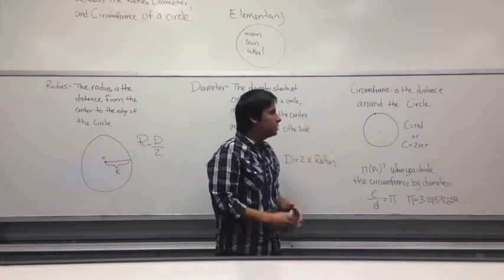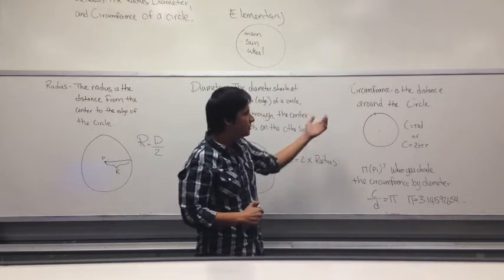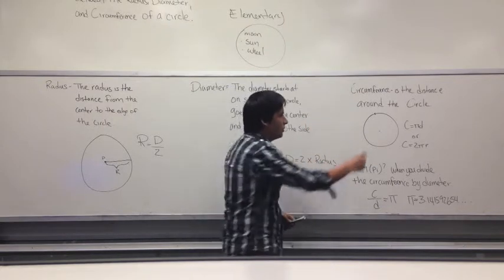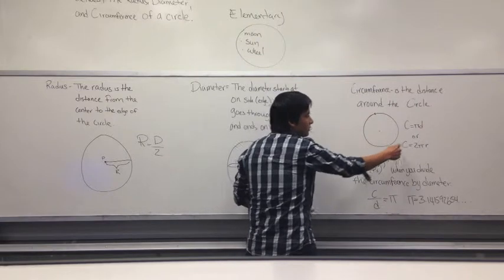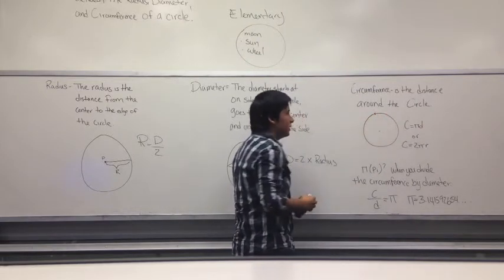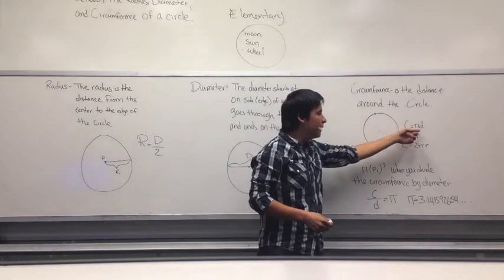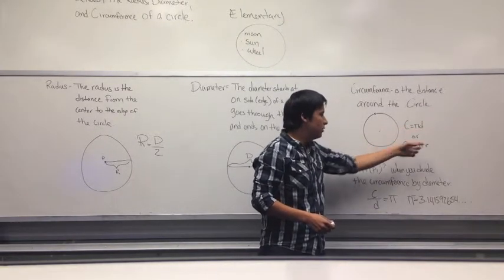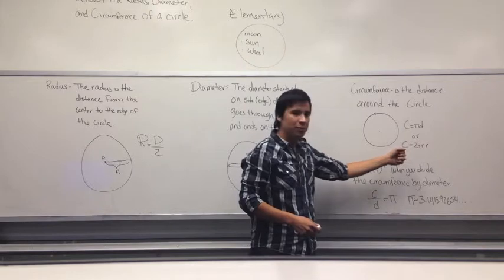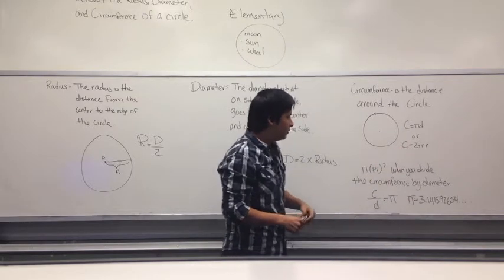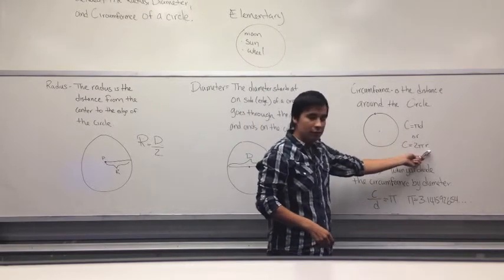The circumference is the distance around the circle. If I start here and go around the circle, that's my circumference. The equations are C is equal to pi times D, or C is equal to 2 times pi times R, where D is the diameter and R is the radius.